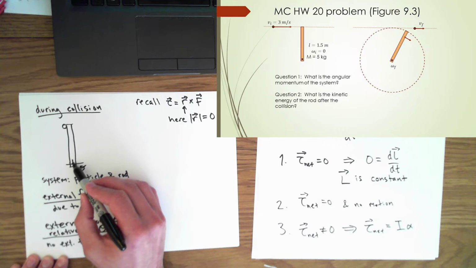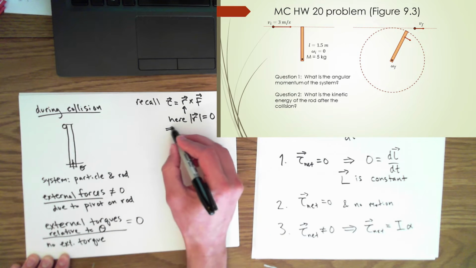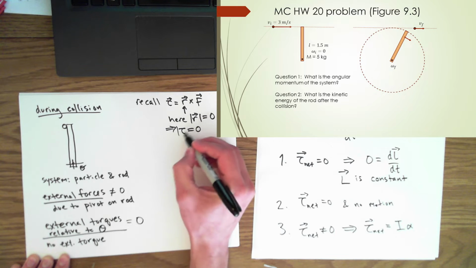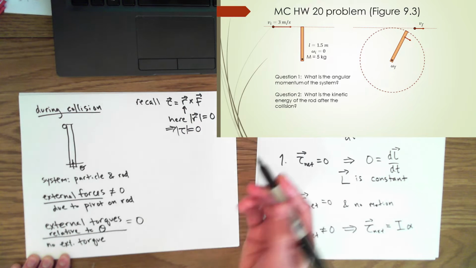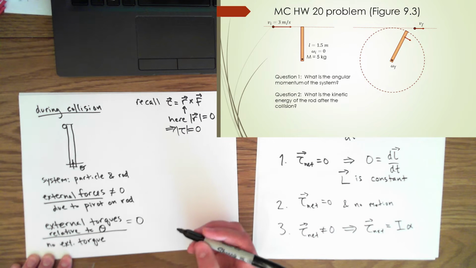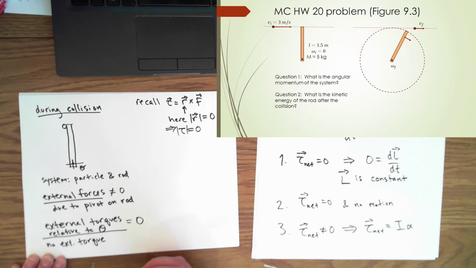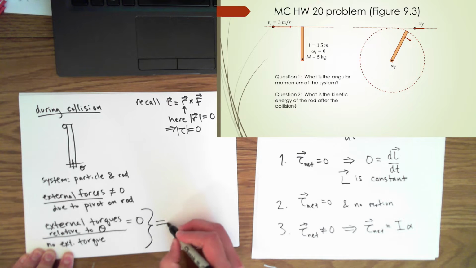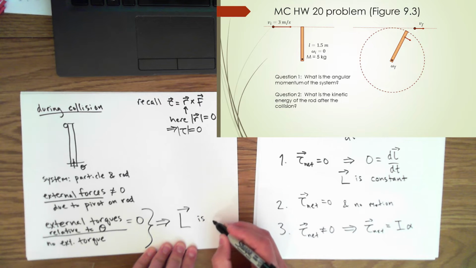Therefore, the position vector that locates the point where the force is acting has length 0. Therefore, the magnitude of tau is 0. Remember, it's magnitude R times magnitude F times sine of the angle between R and F. So if R magnitude is 0, then tau is 0. Okay, because of this fact, that implies then that L is constant.